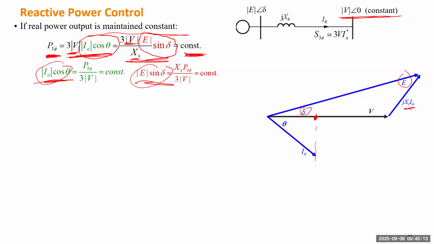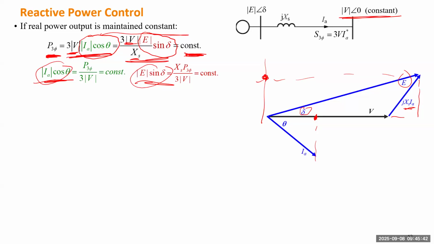And the second equation, the right one, tells us the E projected to the y-axis will always be the same, because that's E multiplied by sine delta. No matter how E changes, the projection onto the y-axis will always be at that point.